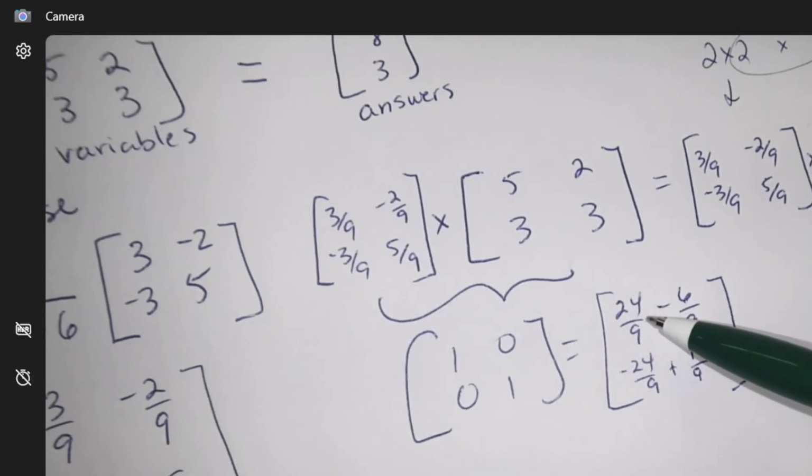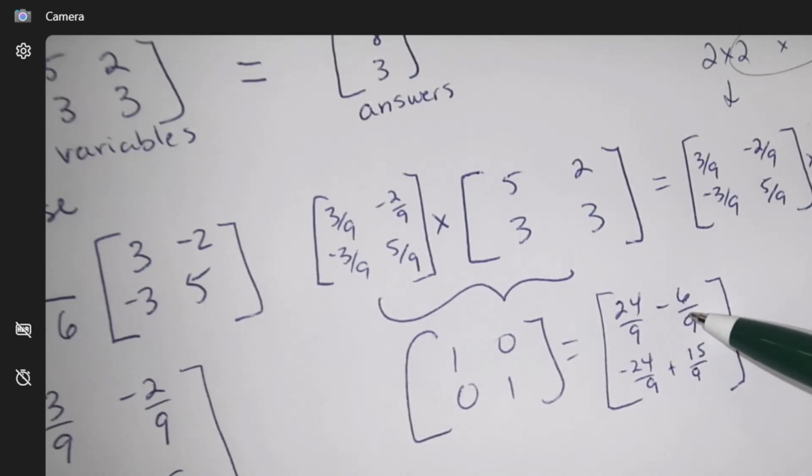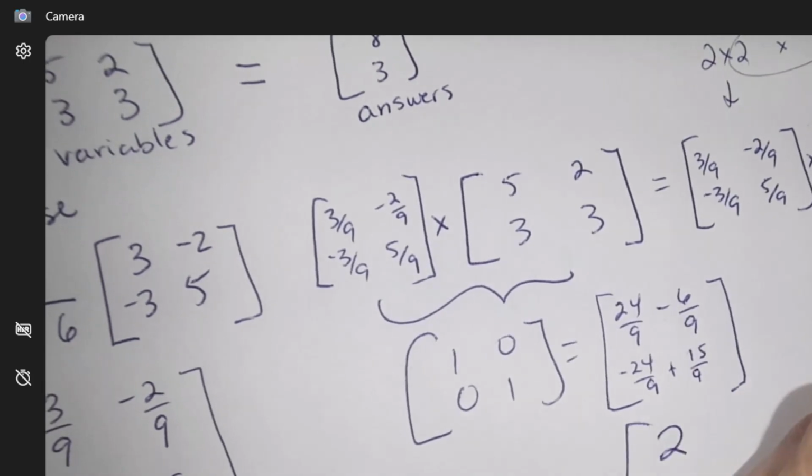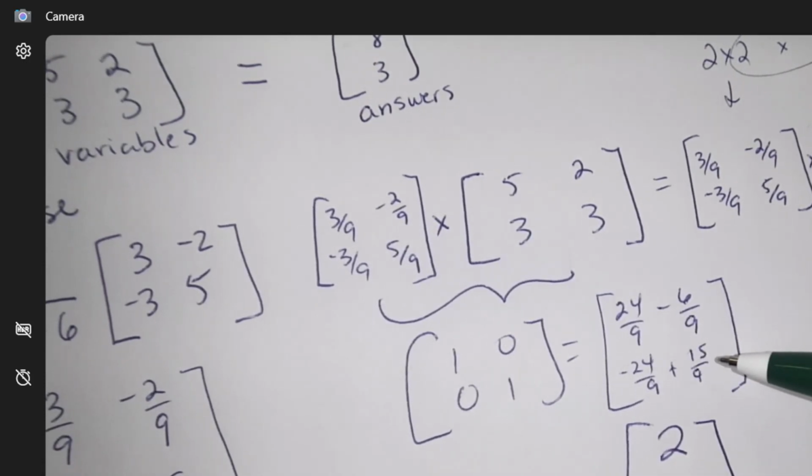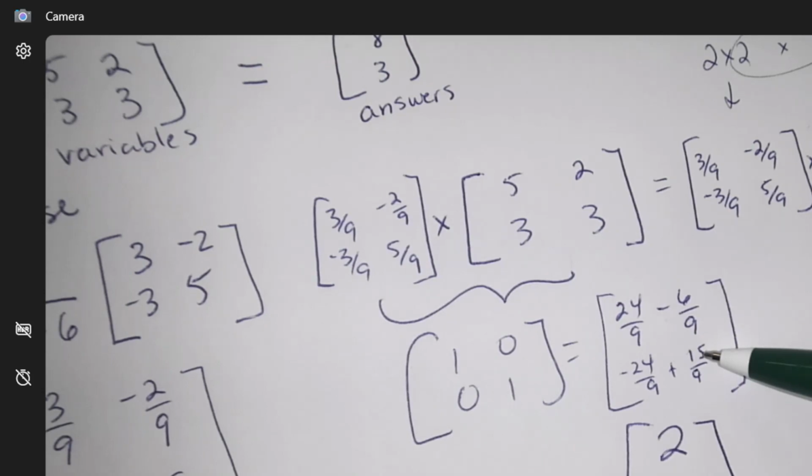Okay, should we do this? What's 24 minus 6? 18 over 9? 2. Negative 24 plus 15. What are we getting with that? Negative 9.